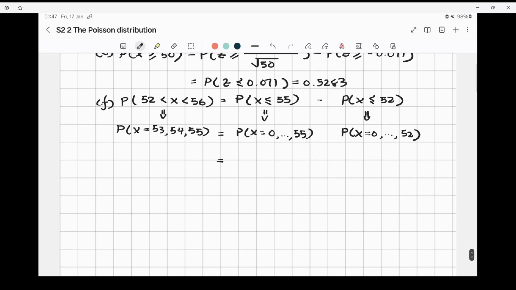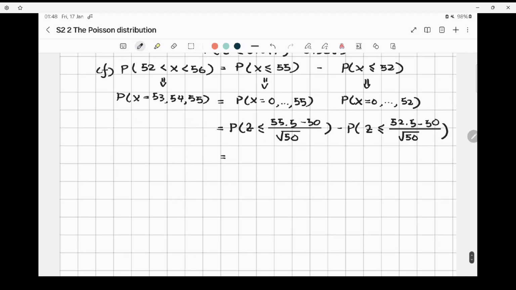So now P(X smaller or equals to 55). This will be Z smaller or equals to, you want to include 55, so it will be (55.5 minus 50) divided by the square root of 50, minus P(Z smaller or equals to), you want to include 52, so it is (52.5 minus 50) divided by the square root of 50.